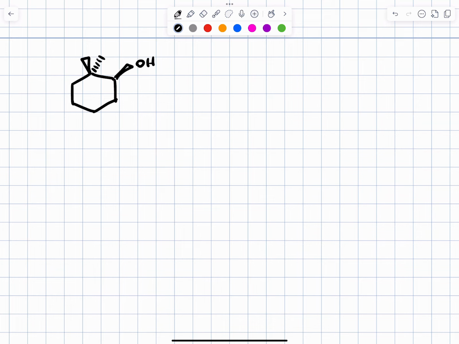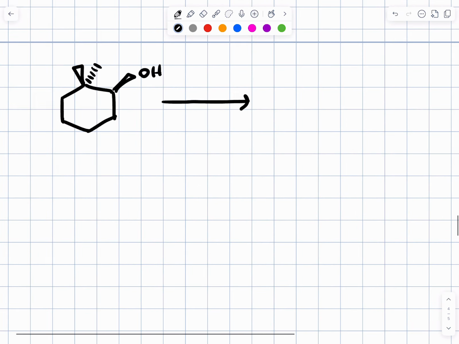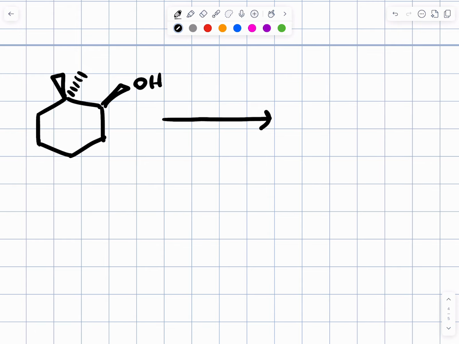This one is fun, so buckle up, because we're going to do a few different kinds of rearrangements. From the beginning, you should be expecting some kind of rearrangement here, because you have a secondary alcohol adjacent to a quaternary carbon.